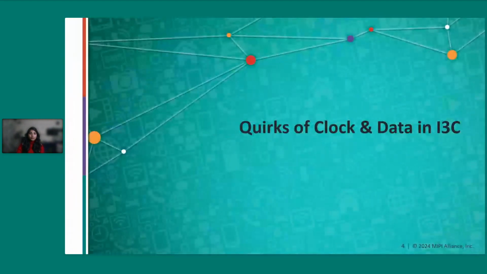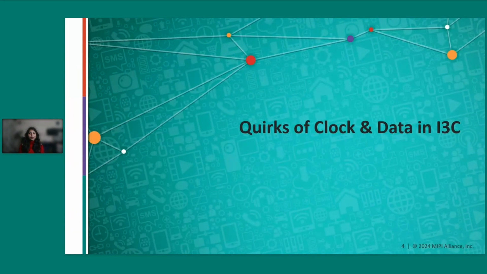Moving on, we will now explore the quirks of clock and data usage in an I3C target. Through examples, we will understand how SDA and SCL are not exactly synonymous with data and clock in the implementation world.